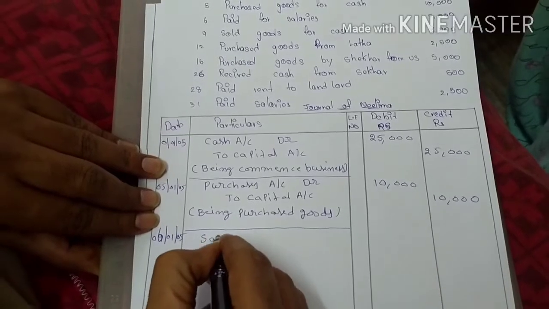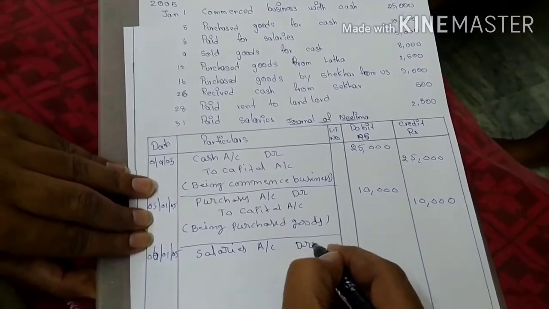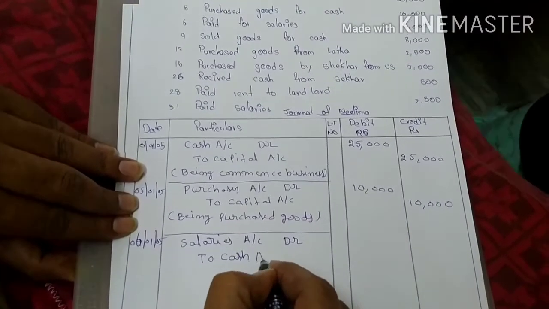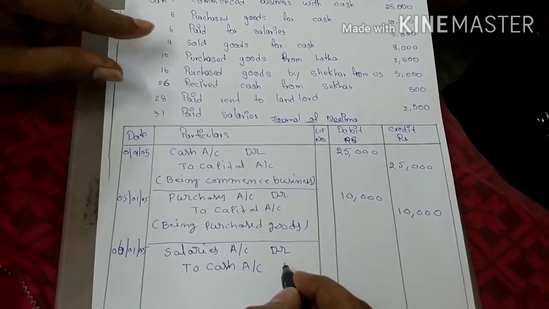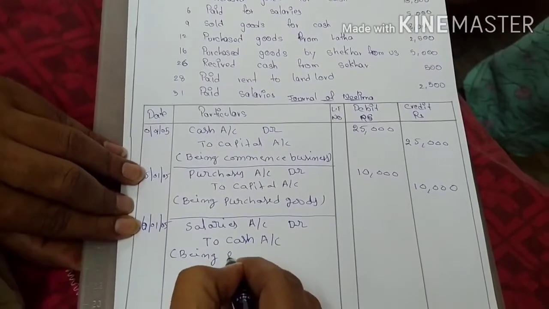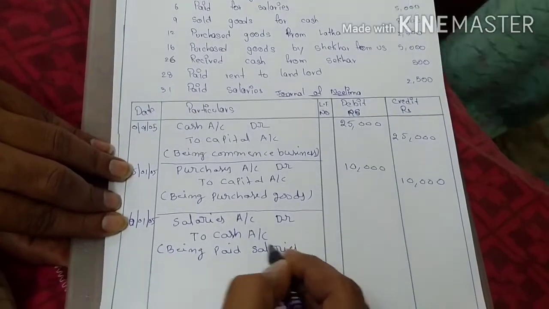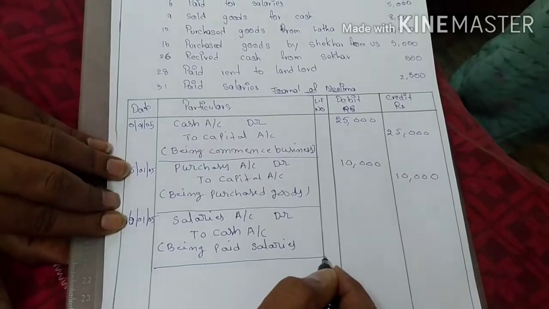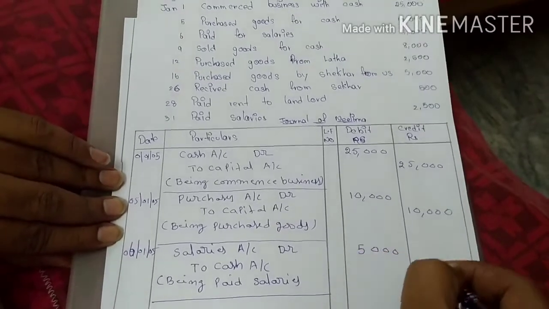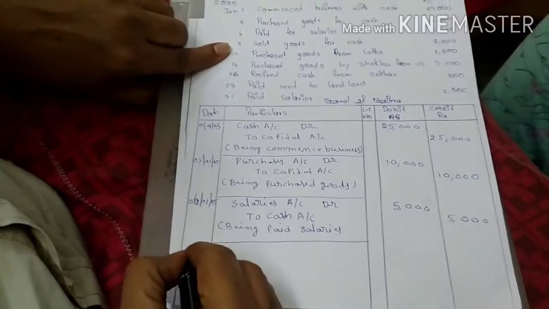So salaries account debtor to cash account, being paid salaries. Amount 5,000 rupees.